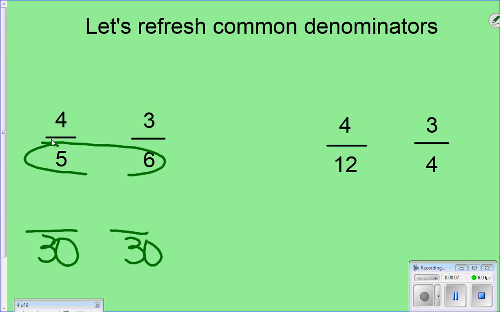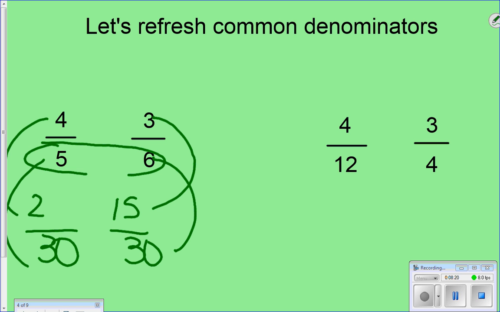What did I multiply 6 by to get to 30? So what do I got to multiply 3 by? What did I multiply 5 by to get to 30? So what do I got to multiply 4 by? Don't forget that. Some people forget. They aren't sure what to multiply that top number by. It's whatever you did to the bottom to get to that one. Well, I multiplied by 5, so I have to multiply that top one by 5.